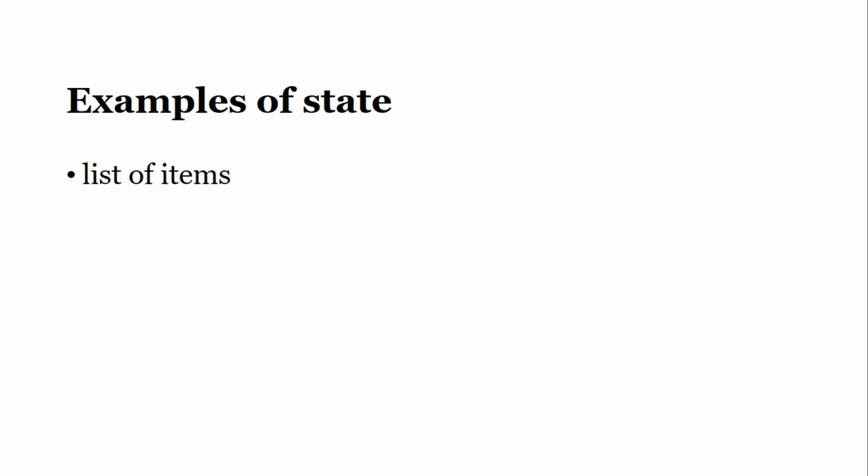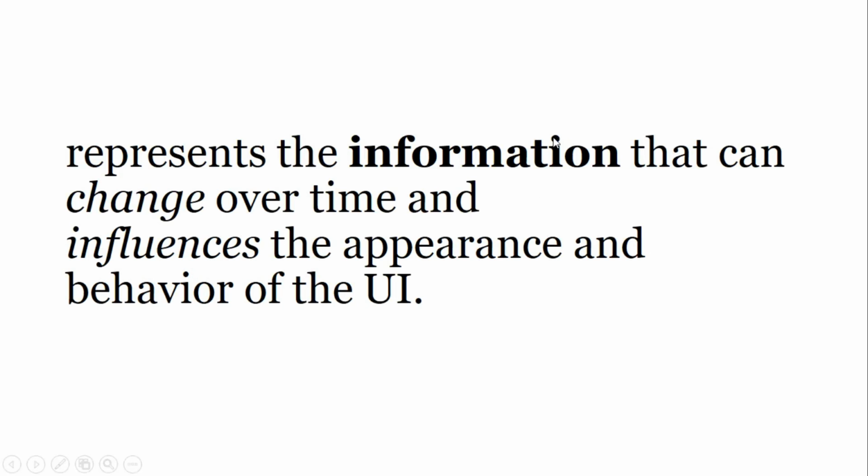So again, from the earlier definition, that is information that changes over time and influences the appearance and behavior of the UI. Whenever our information changes, the UI also has to reflect those changes. The user needs to be able to see that.